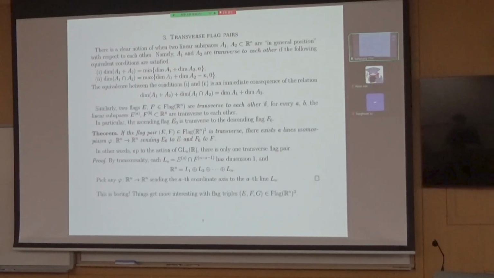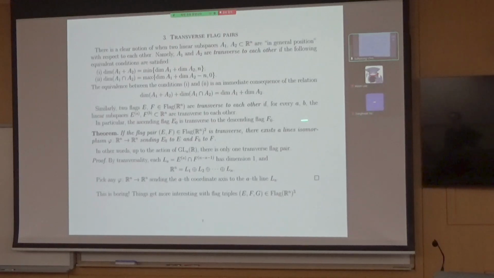And the situation is completely clear for two vector spaces. Then when you have two flags, you just require that the linear subspaces in one flag are transverse to the linear subspaces in the other flag. A typical example is the case where the ascending flag E0 has its A-dimensional space generated by the first A coordinates.